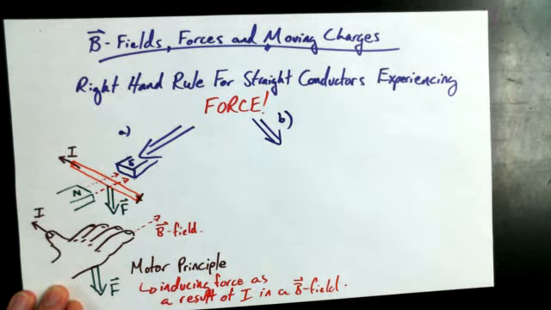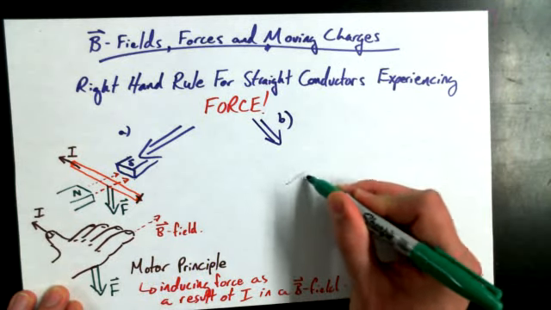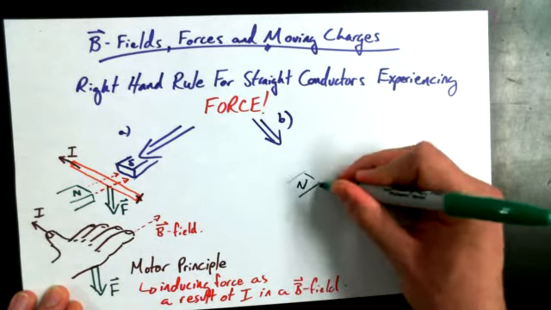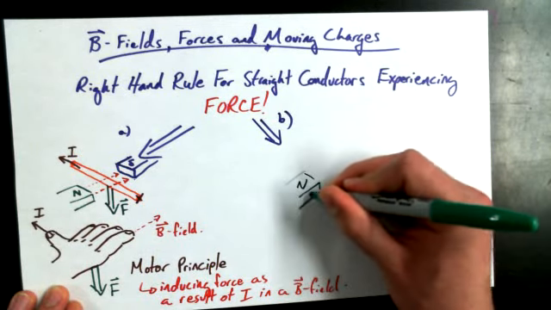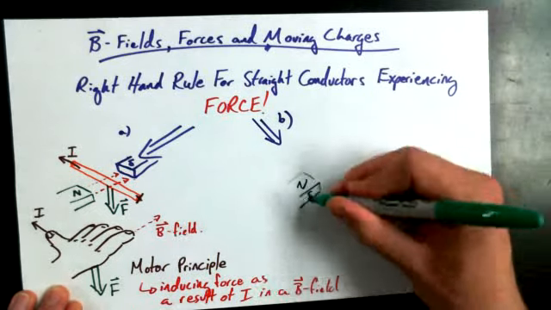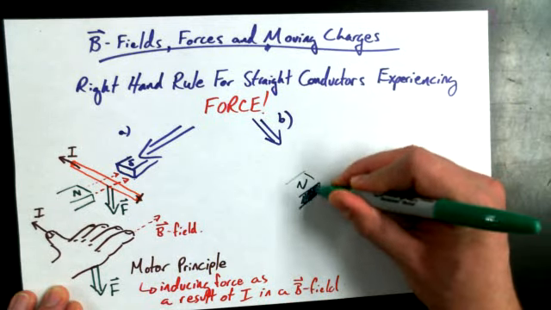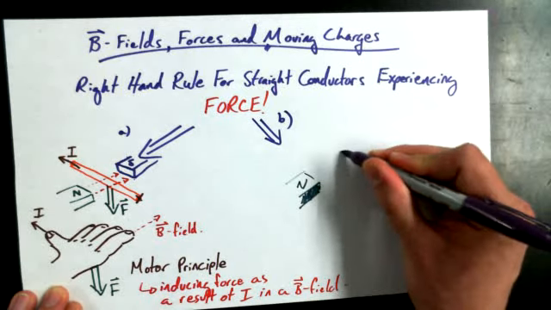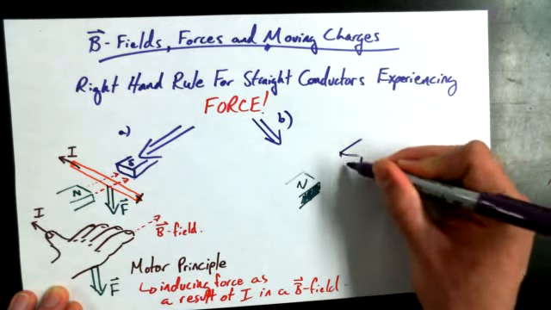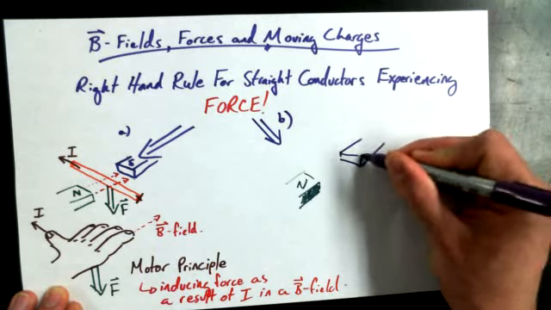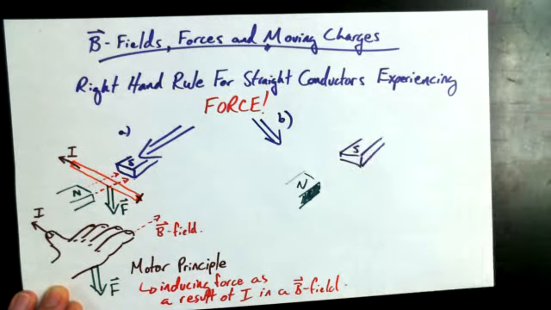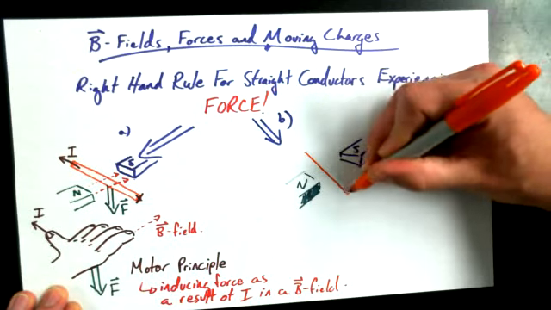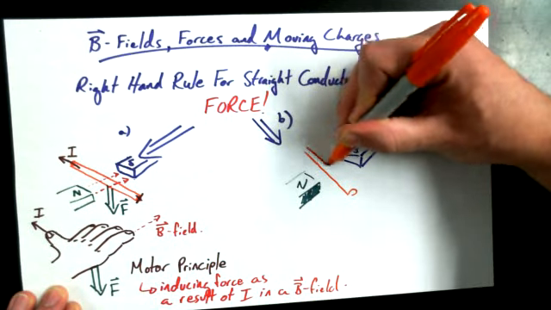What if I take the same physical scenario, north, south, and I take my wire, the same wire, and I'm not going to write anything about current on it just now.